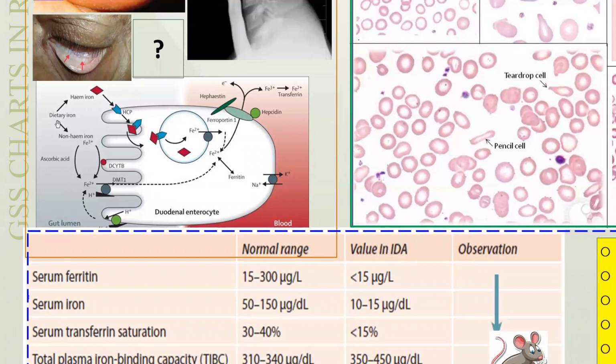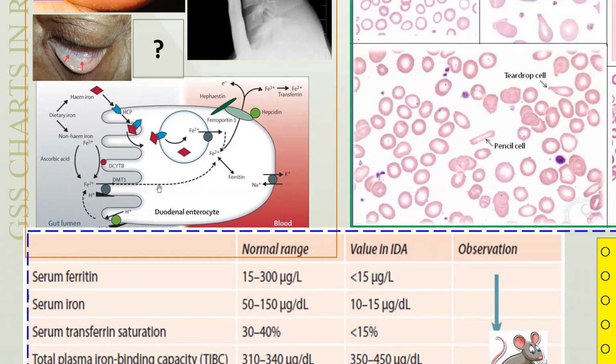Finally, I will go to the absorption of the iron. There are two types of iron, and this particular region is supposed to be the gastrointestinal tract. And this is the duodenal enterocyte. So there are two forms of iron, the heme iron and the non-heme iron. What happens is the Fe3+ is converted to Fe2+. Ferric is being converted to the ferrous form, in which you find it is being absorbed into the duodenum.